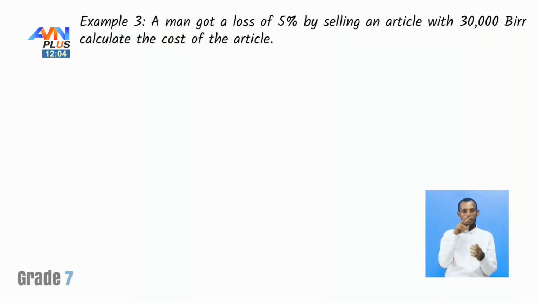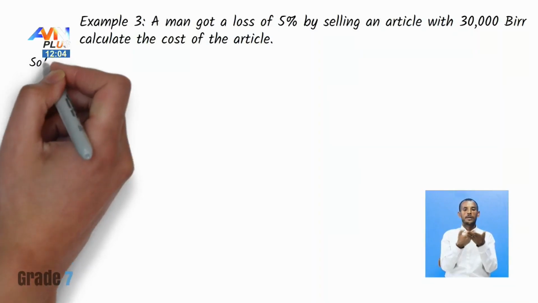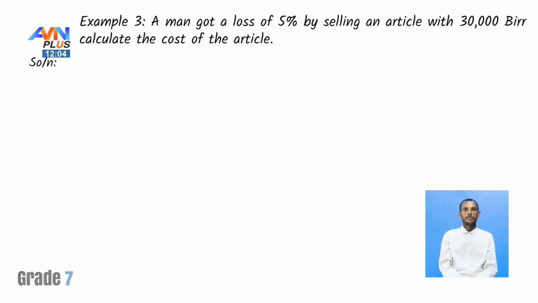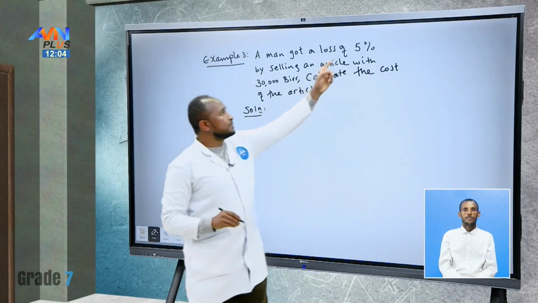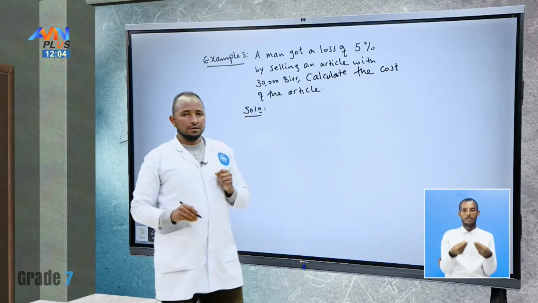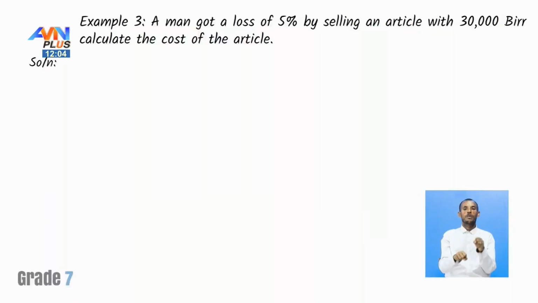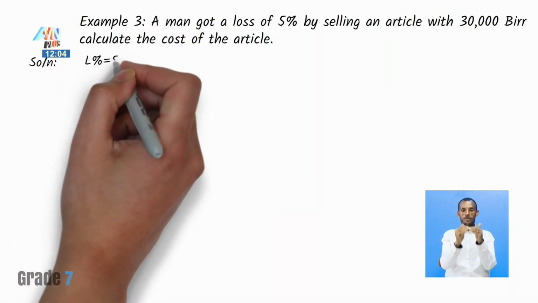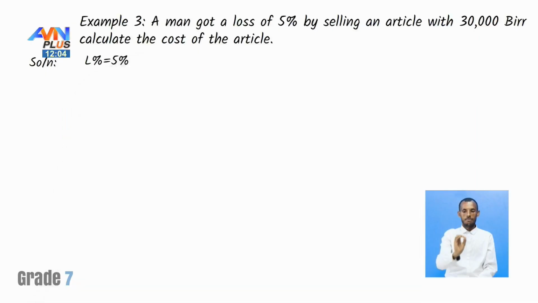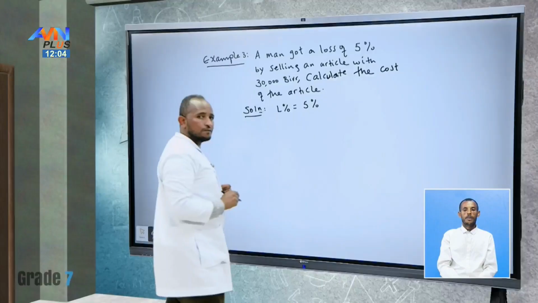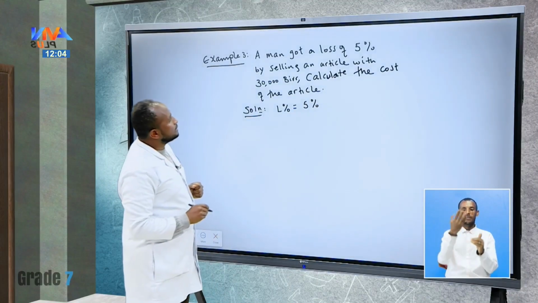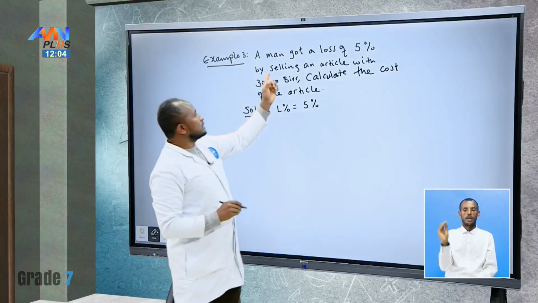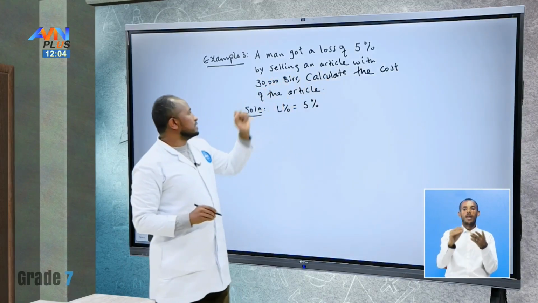Look, here, the loss percent is given. The loss percent is given to be 5%. And here it says, by selling an article with 30,000.